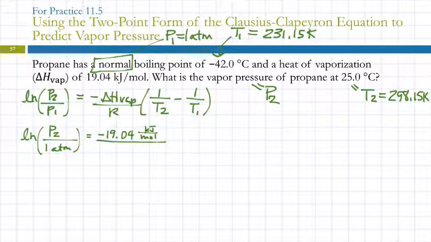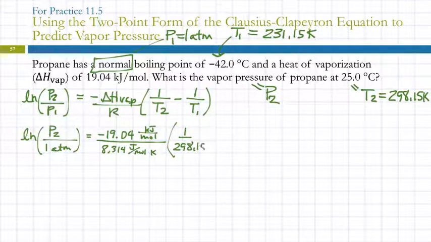We're dividing that by R. R is 8.314 joules per mole Kelvin. And then over here we have 1 over T2, 298.15 Kelvin, minus 1 over T1, 231.15 Kelvin.